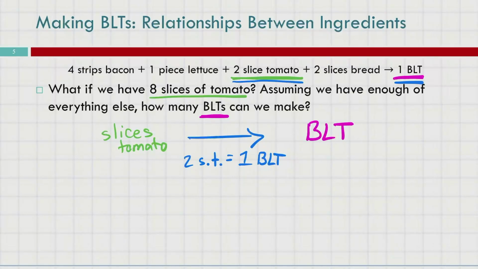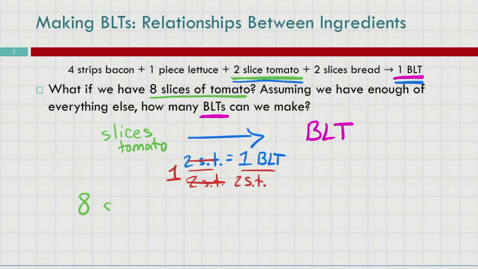Since we're going from ST to BLT, we want the conversion factor form that has slices of tomato on the bottom. That's going to be the form 1 BLT over 2 slices of tomato.